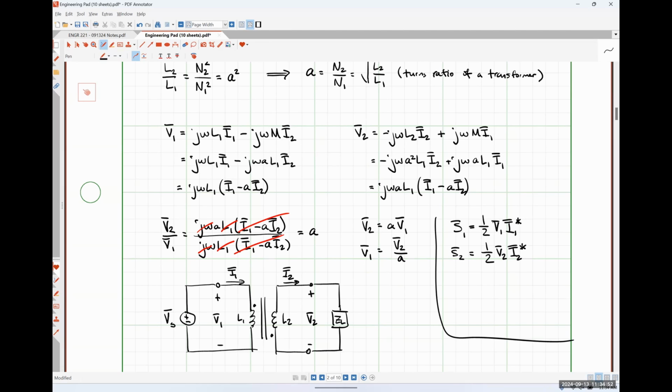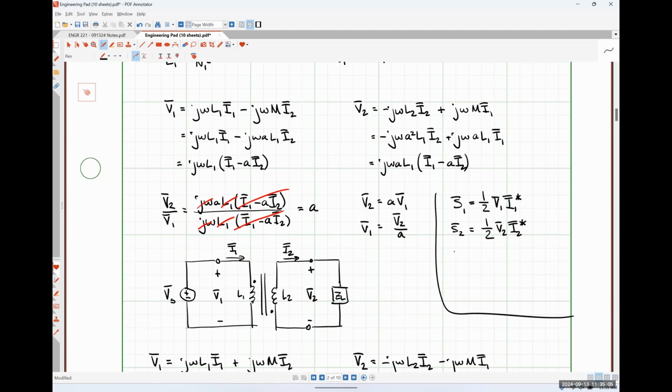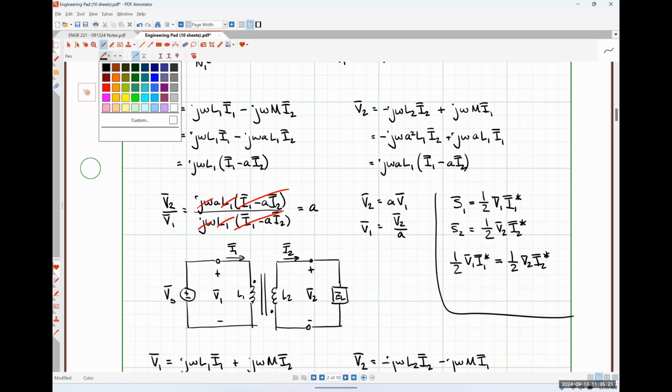We know that these two powers should be equal to each other in a system in which energy is conserved, which is any real system, right? So I can say that 1/2 V1 times I1 conjugate is equal to 1/2 times V2 times I2 conjugate.